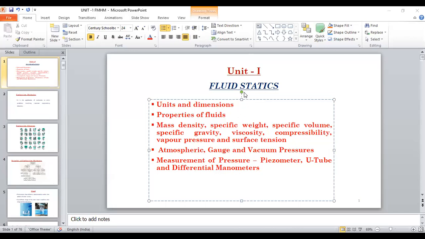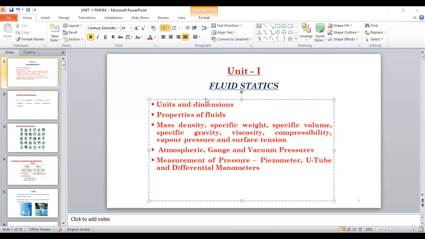The first unit we'll be studying is fluid statics, nothing but the fluids which are at rest. And in the second and third units we are going to study the fluids which are in motion. In the fourth and fifth units we are going to study the hydraulic machines, where we study turbines as well as pumps. The fourth unit comes under turbines, and the fifth unit will be pumps. Different types of pumps we are going to see in the fifth unit.